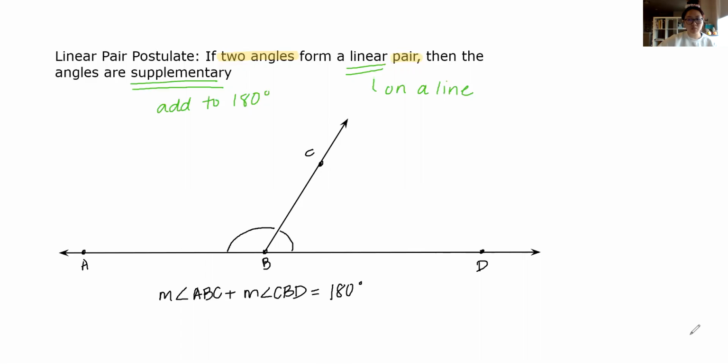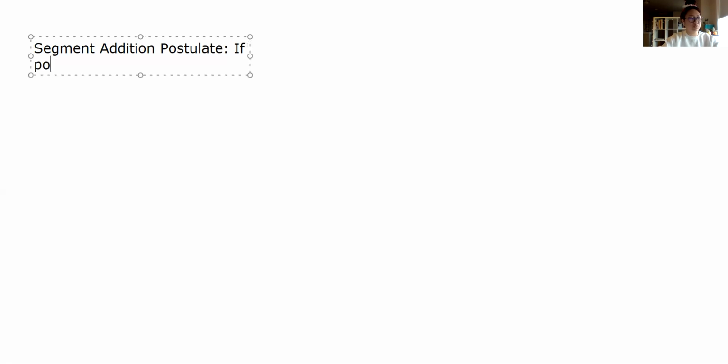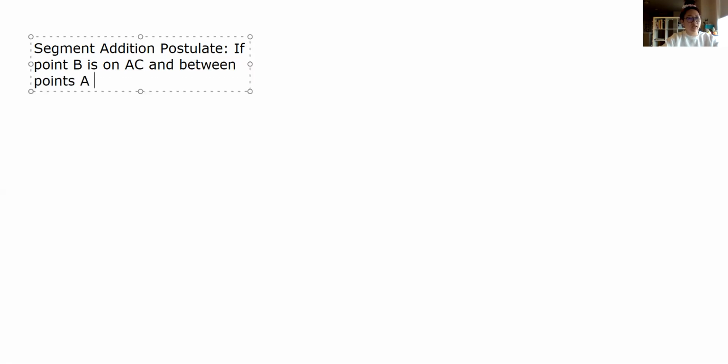To our next postulate, we have the segment addition postulate. So segment addition postulate says if point B is on AC and between points A and C, then AB plus BC equals AC.